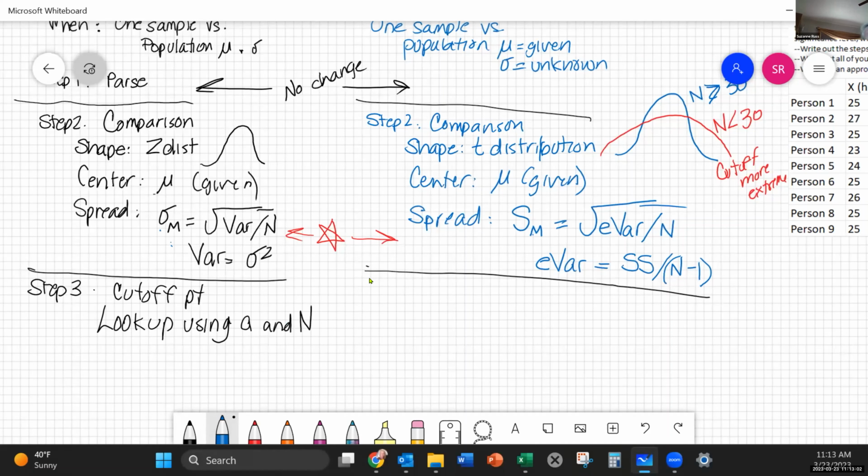And in our t-test, step 3, we're going to look up using alpha and degrees of freedom. So n minus 1. Same thing though, same process. It works the same conceptually.